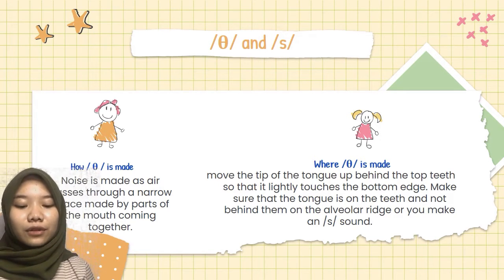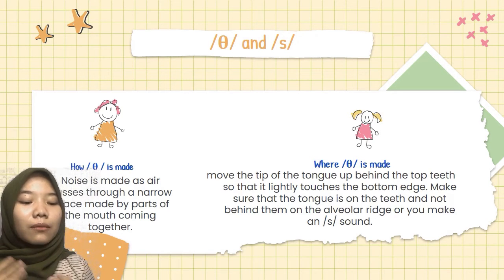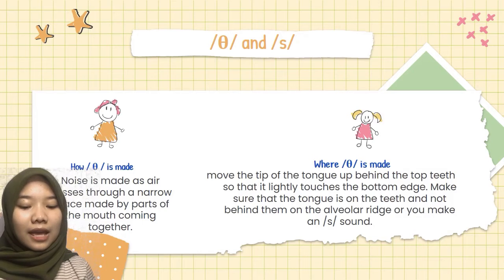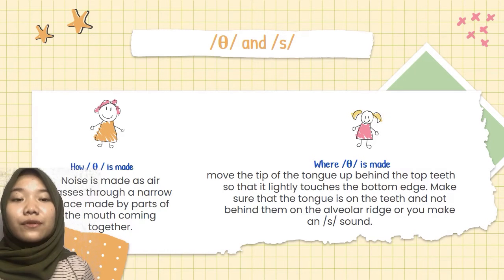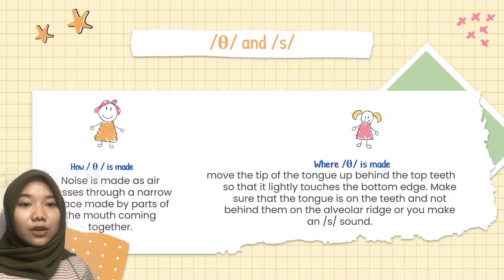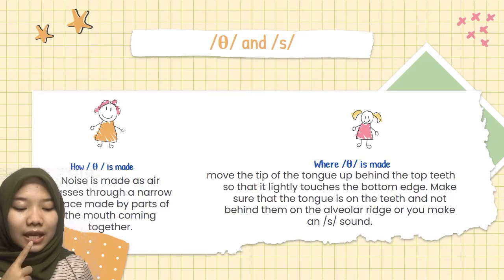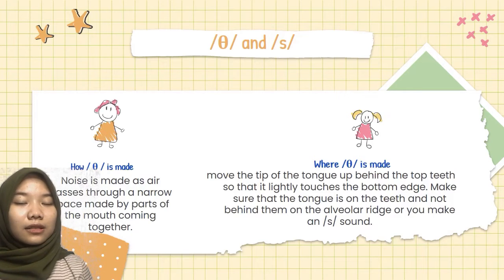Be careful also not to press too hard because the air must move between the top teeth and the tongue. If you find this sound very difficult to make, try putting your tongue tip between the top and bottom teeth to practice the sound.